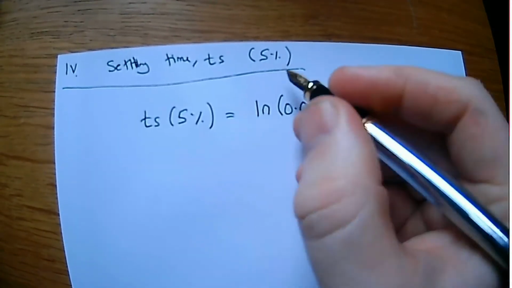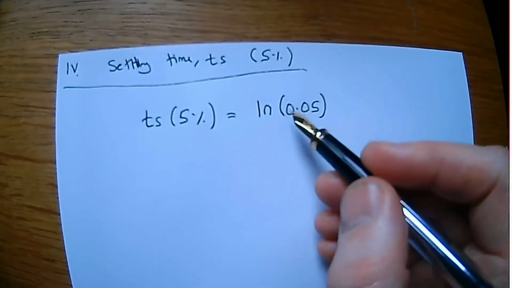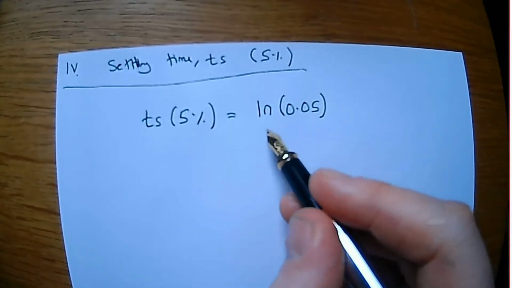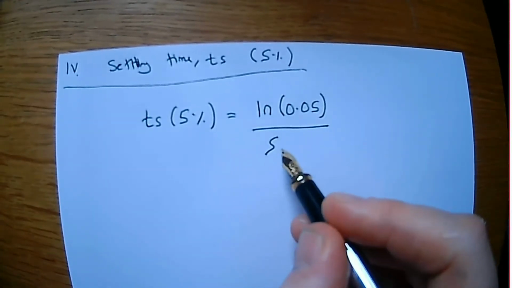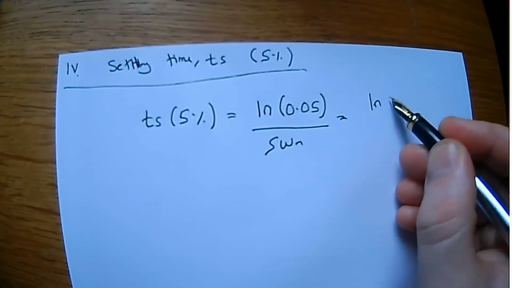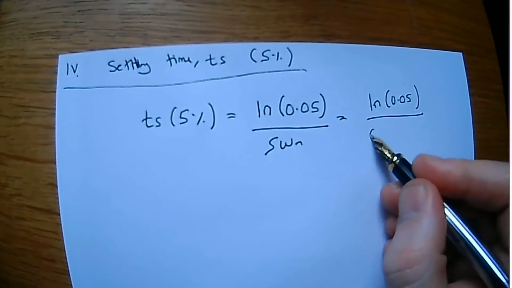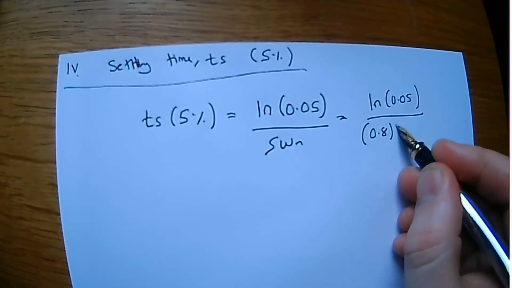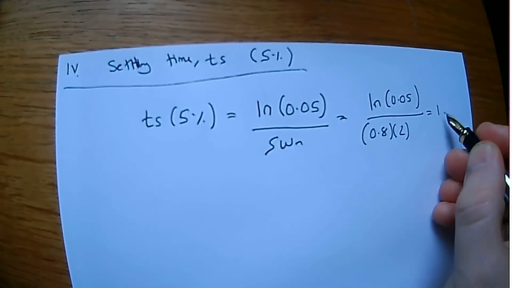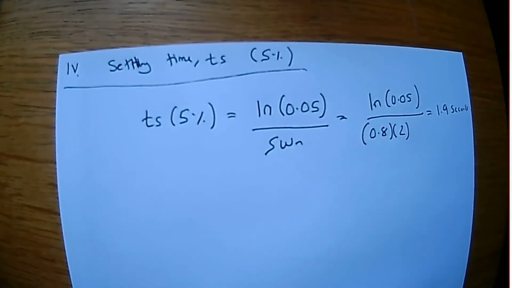And to remember, if it was, say, for example, 10%, it'd just be 0.1, 2% it'd be 0.02, over zeta, and then the natural frequency, which in this case, again, we're just recycling the same properties. So 0.8 multiplied by 2, which if you work that out, it's effectively 1.9 seconds.